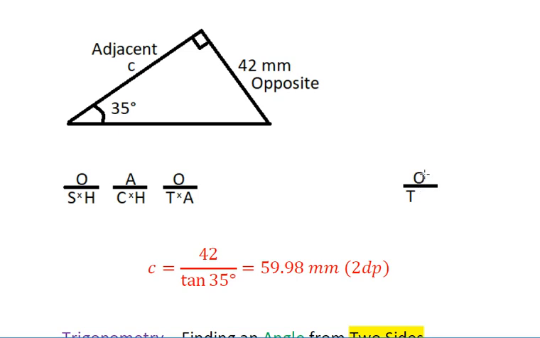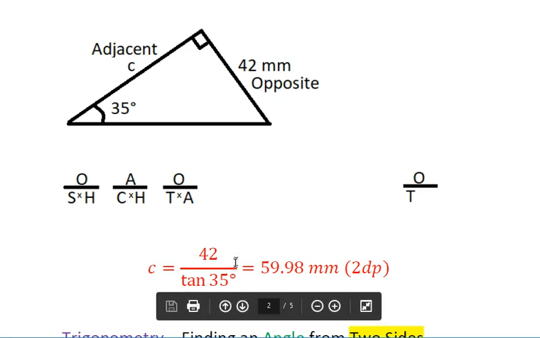So we just have O over T. T just represents tan on your calculator. So sine, cos, and tan: the S stands for sine, the C stands for cos, the T stands for tan. They're always in that order on your calculator, and the final one will be tan, easy to find there.